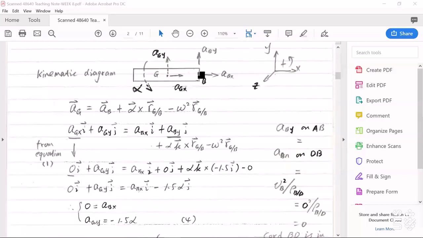At point B, ABY and ABX. We select point G and point B, these 2 points, for our analysis. And we use an XY coordinate system. Okay, so that's the equation.